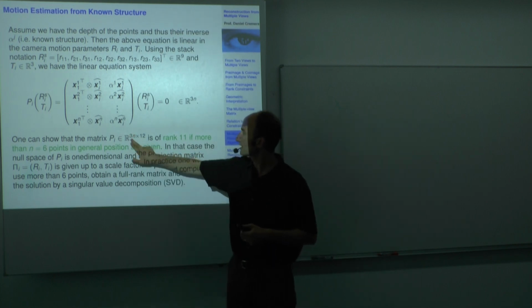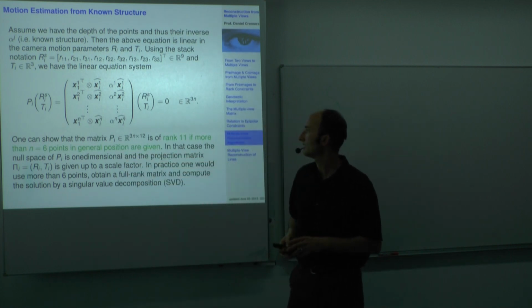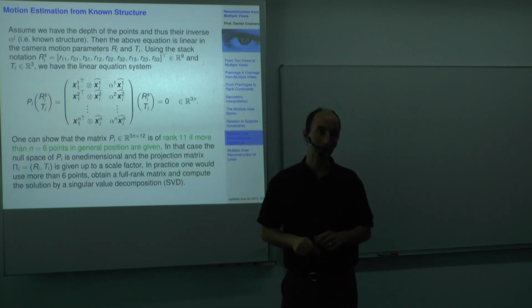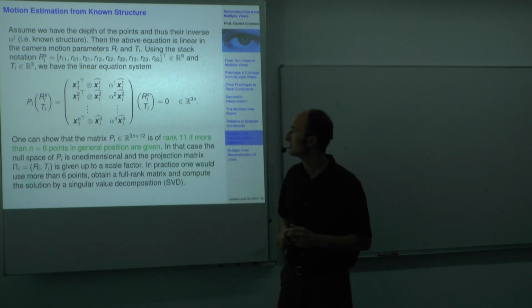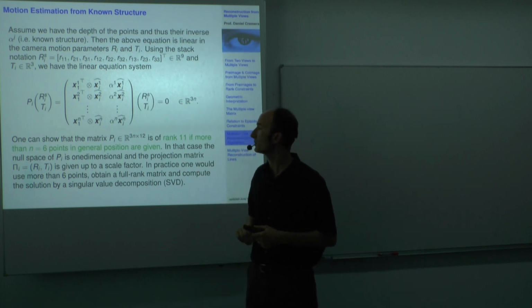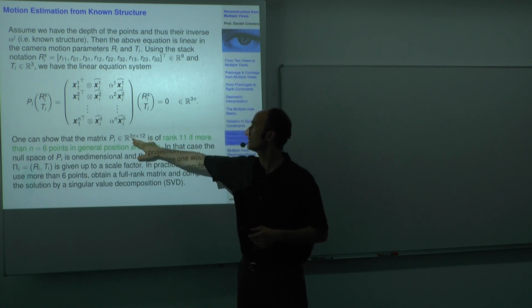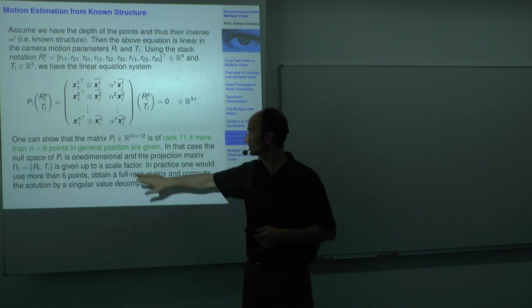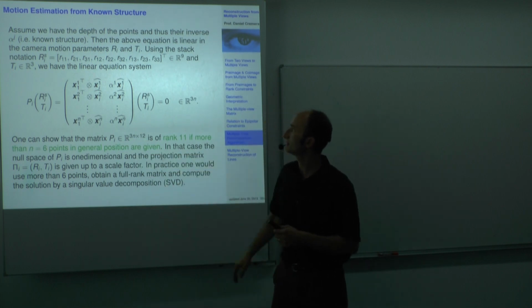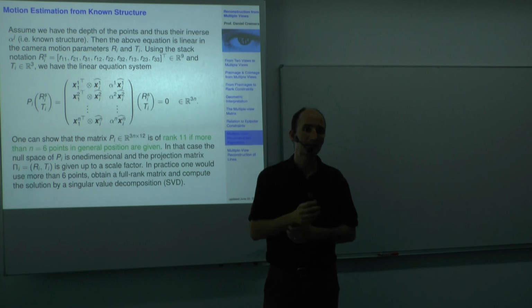And now you see there it's a 3n by 12 matrix. It turns out that if you have 6 or more points, then you have rank 11. For fewer points, the matrix is rank deficient. It's not quite obvious, because 3n, the number of rows of this matrix, is already 15 for n equals 5, but it turns out that these rows are not all linearly independent.